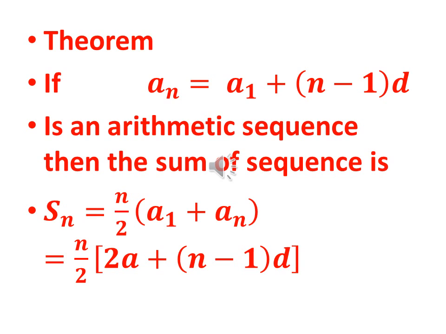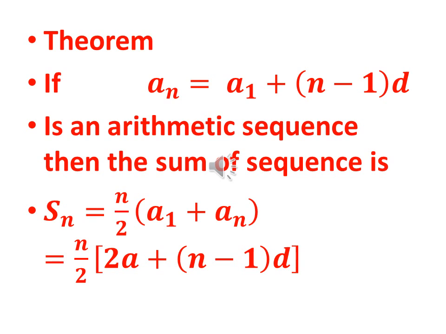If we want term number 9, it equals a1, term number 1, plus n, here 9, we put 9 minus 1, times g, the sequence difference. So this rule is very, very important.